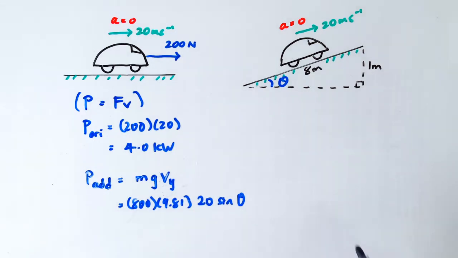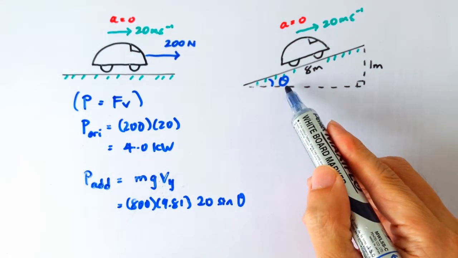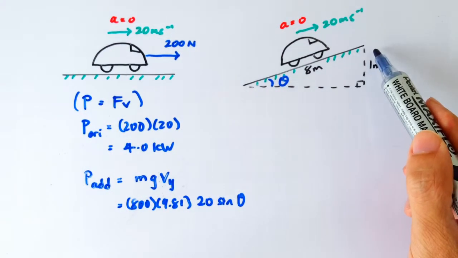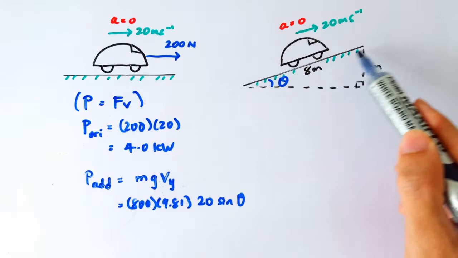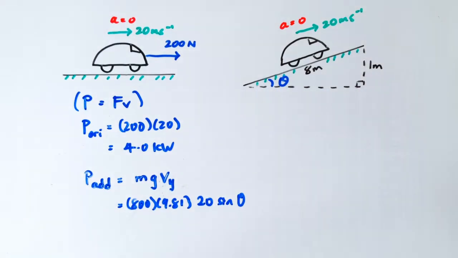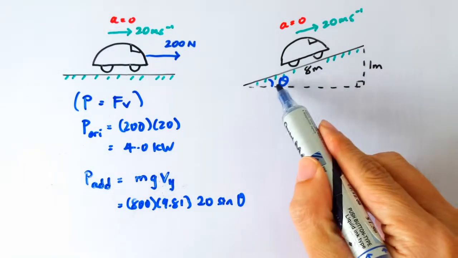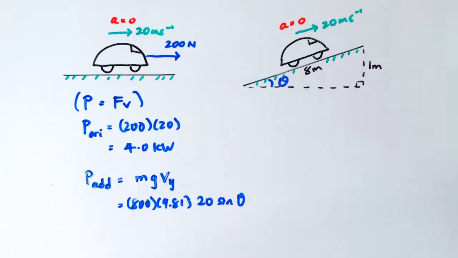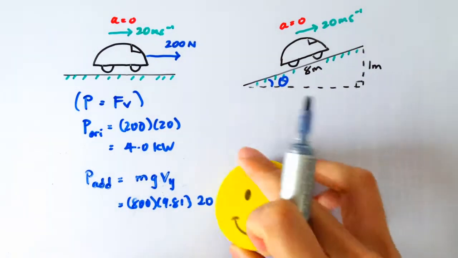Do we know this angle? Yes, the question told us that the car rises 1 meter for every 8 meters it travels along the slope. So sine theta is opposite divided by hypotenuse, which is 1/8.